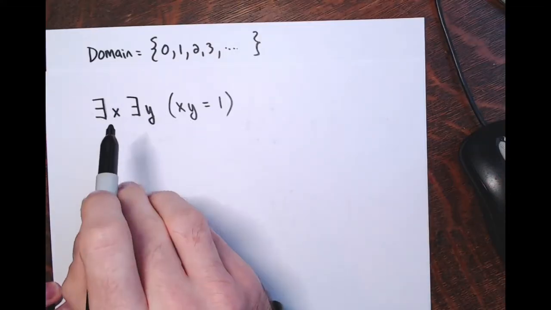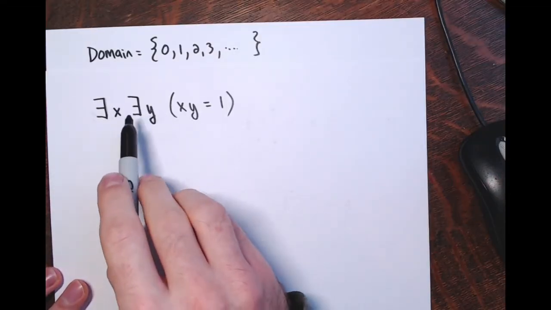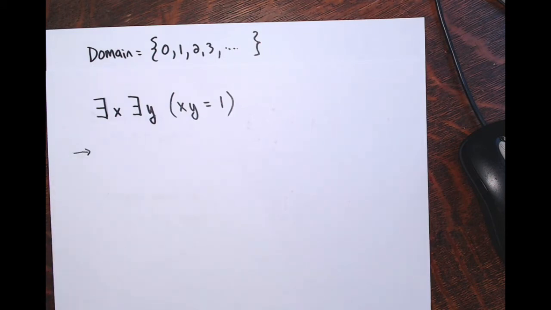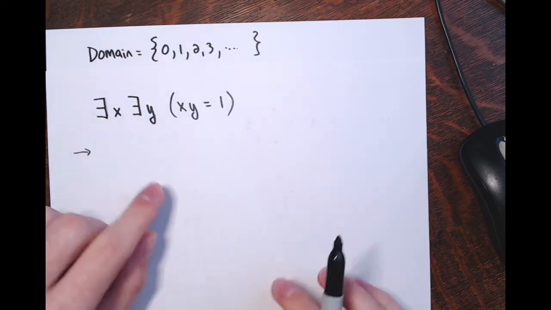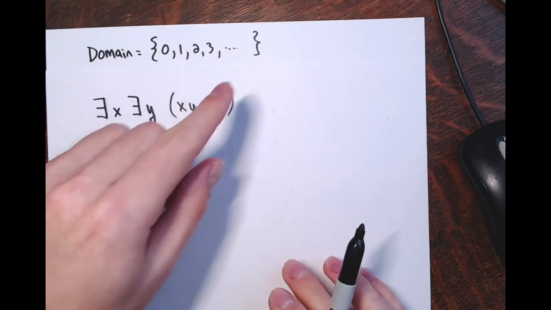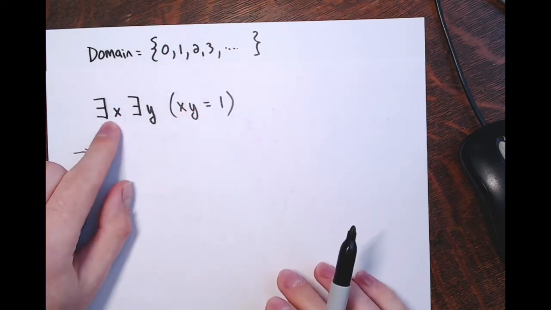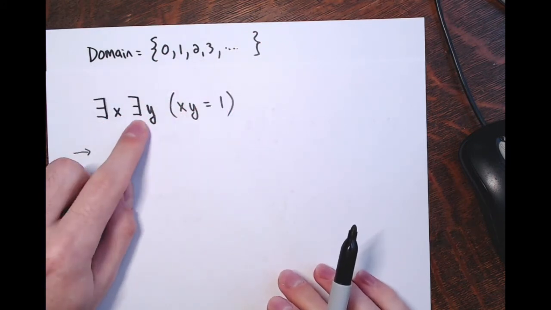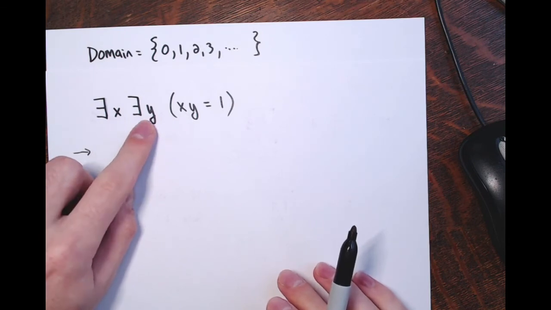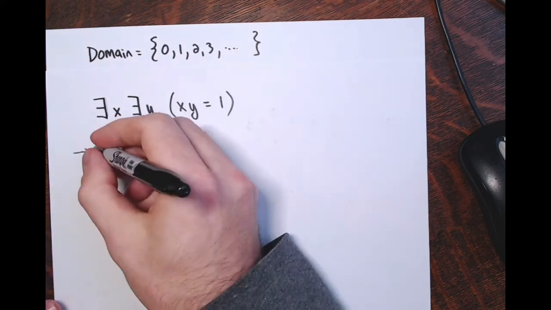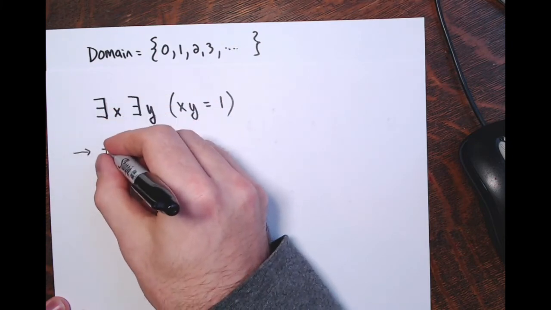All right, so now we have this statement. Now in English, this is saying, again, the domain is non-negative integers: there is a non-negative integer x, and there is a non-negative integer y. So that means that there is a pair of non-negative integers, because of the two back to back like this.